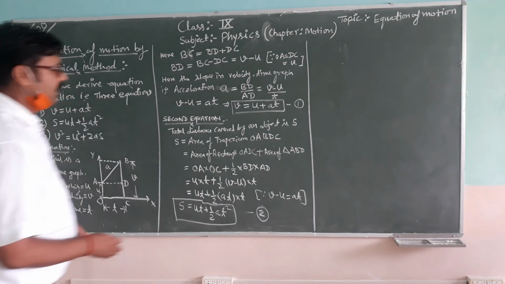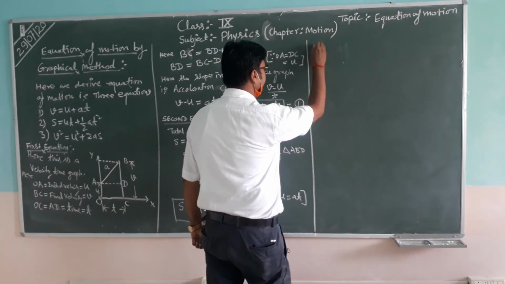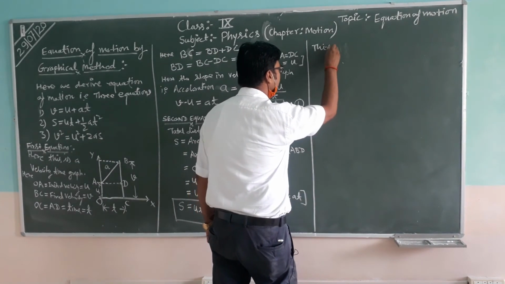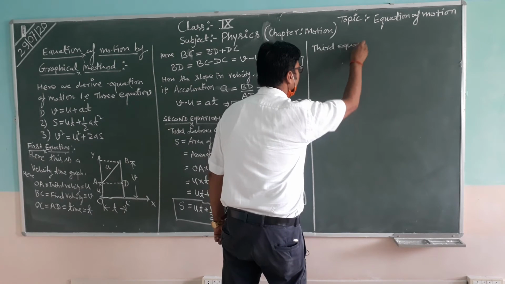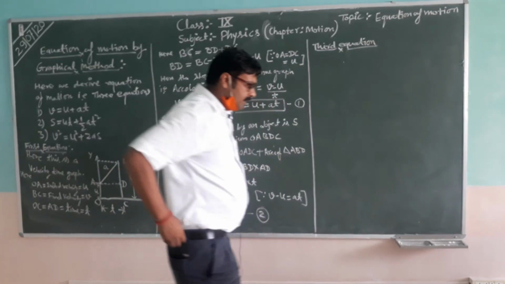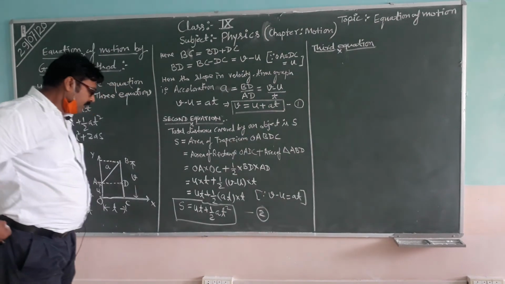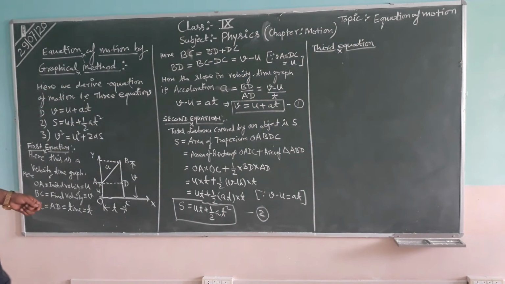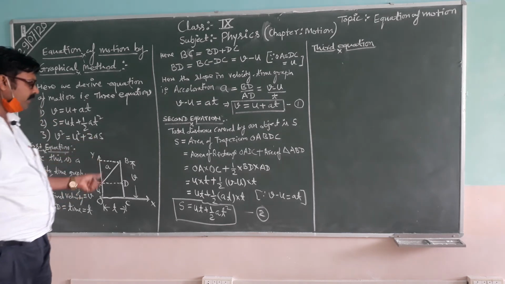In the final round, the third equation is, my dear student, V square equals U square plus 2AS, and the figure is common for all.